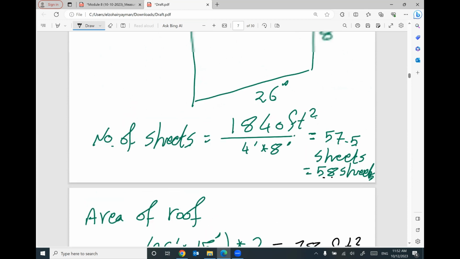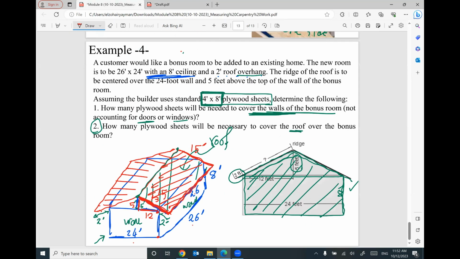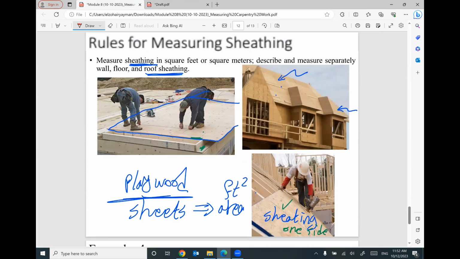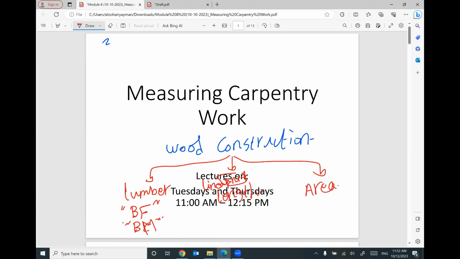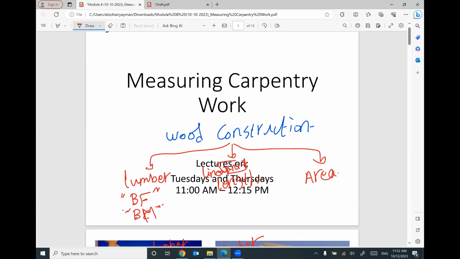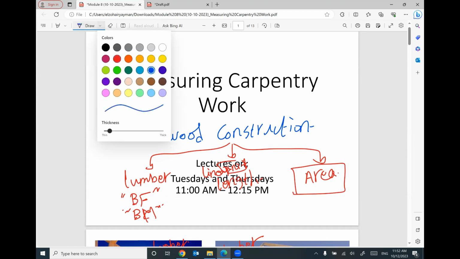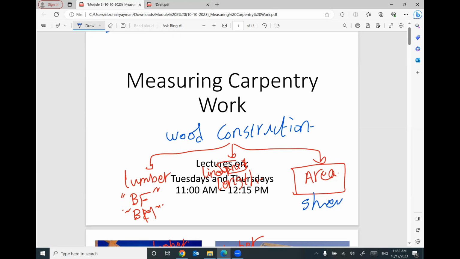58 sheets to construct the walls of this building. Just not building, it's only a room. Does that make sense? So what I said today, the same like I started with. Your road construction can be measured as an area. If you are working with sheets, plywoods, or sheathing for your building, sometimes we can measure it in linear foot length, just length.